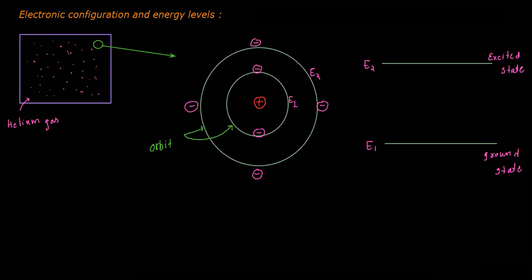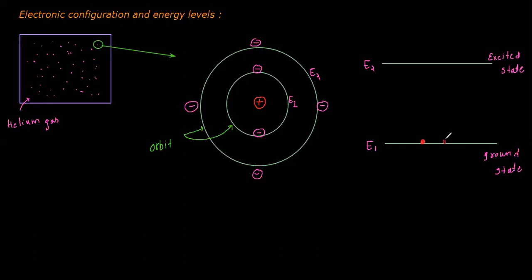Now as you can see, we have these electrons. Let's say this is the first orbit, E1, and we have only two electrons, so we are representing them like this, with dots.